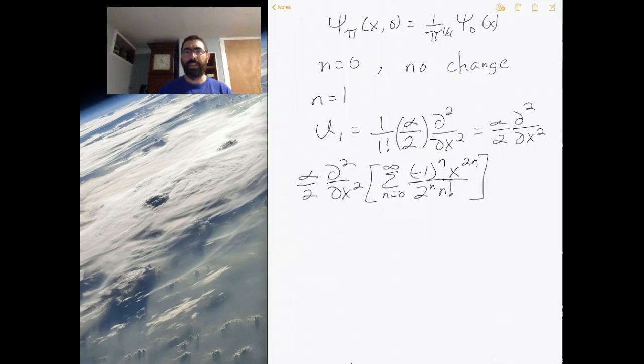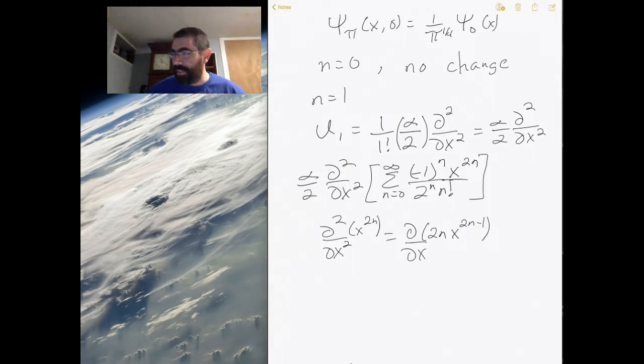What's going to happen when I take this second order derivative of x to the 2n power is I get the first derivative, 2n x to the 2n minus 1, and then I take that derivative and get 2n times 2n minus 1, x to the 2n minus 2 power.